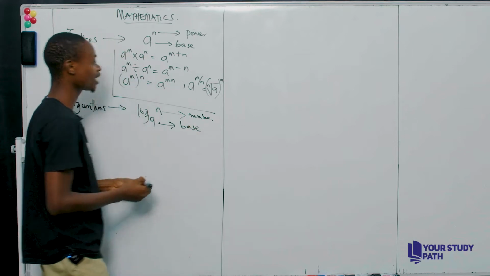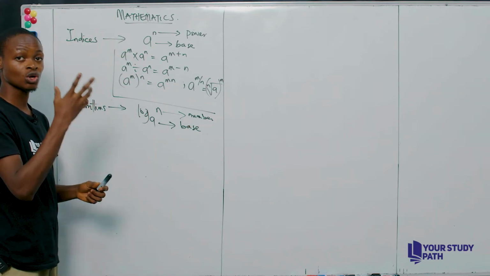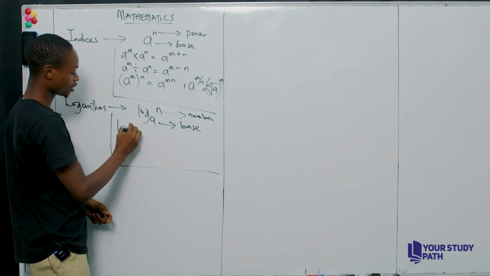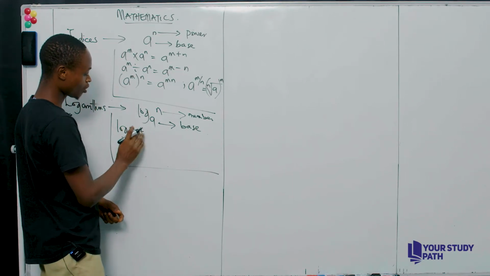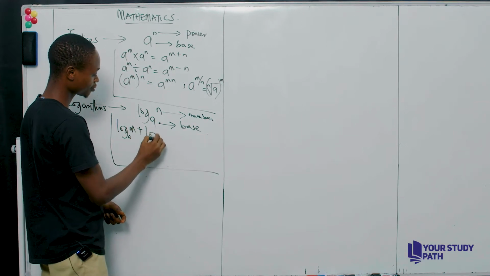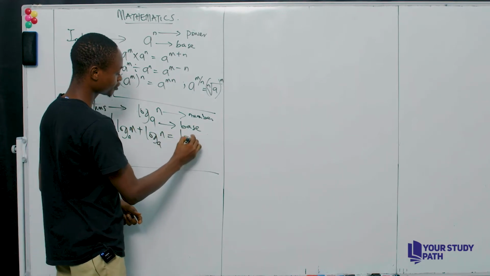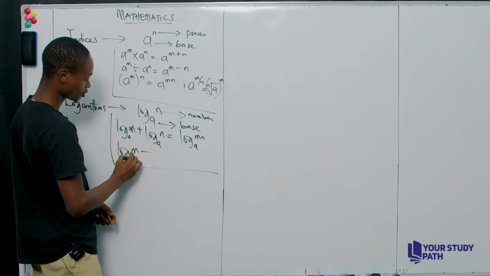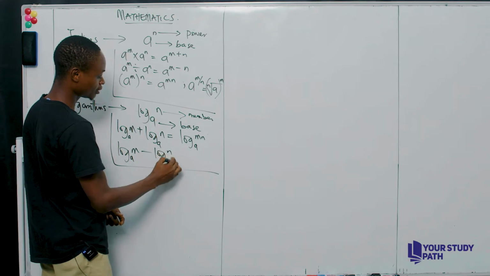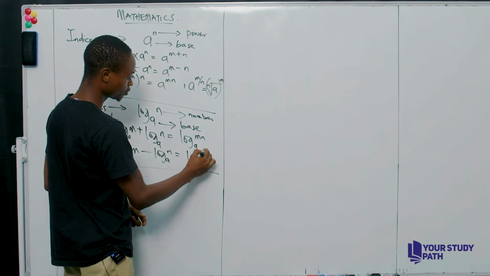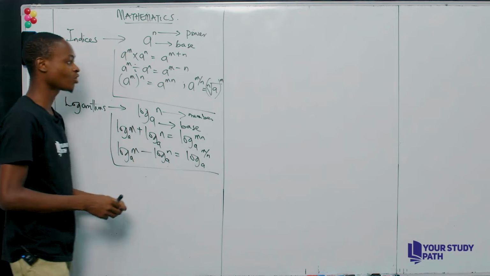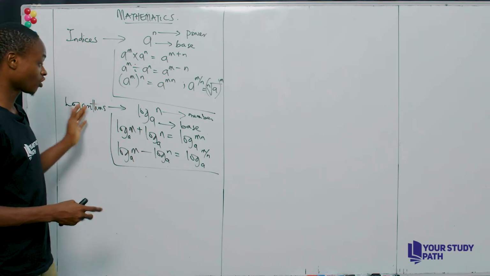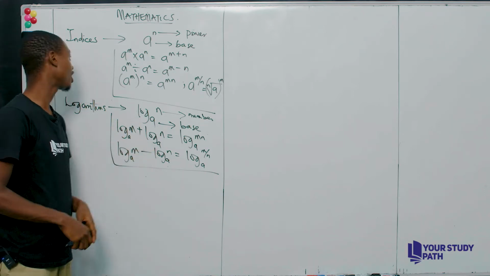And then we also considered various laws which we could use within this concept, from the concept of addition, when the base is the same, to the concept of subtraction, when the base is the same as well, to different other kinds of concepts that we also looked at. Now, of course, you can also find more on this from our platform.